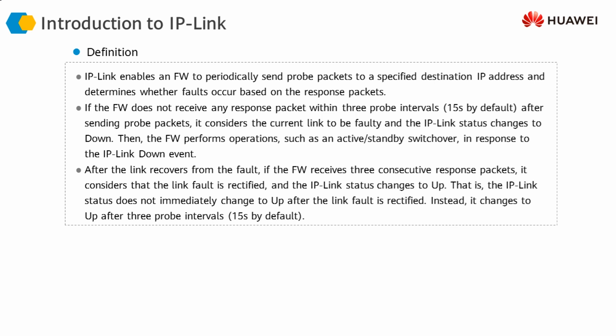However, if the response packets are not received from that destination because of that IP being down, that device's interface being down, or one of the links being down, then the firewall would know that the link is down, and therefore it can take appropriate action to maintain high availability within the infrastructure.